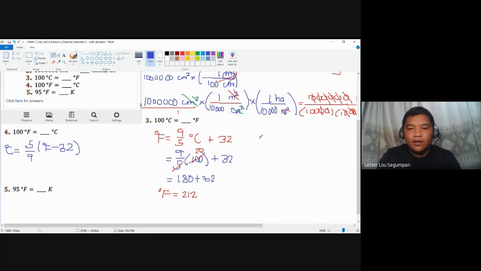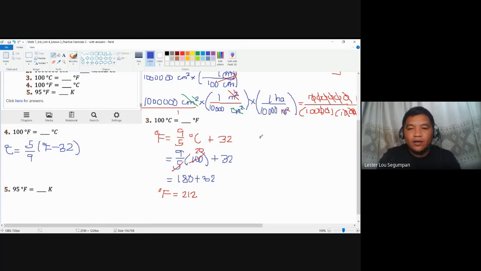And then use that to solve for the equivalent temperature in Kelvin scale, which is the degree Celsius 35 plus 273.15.